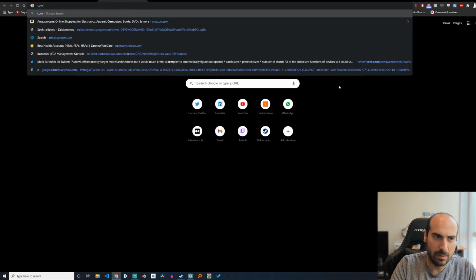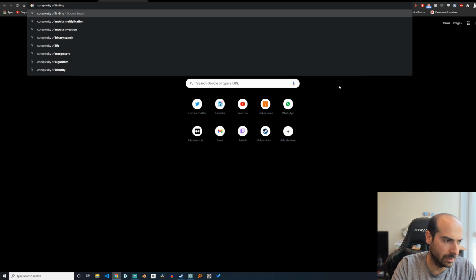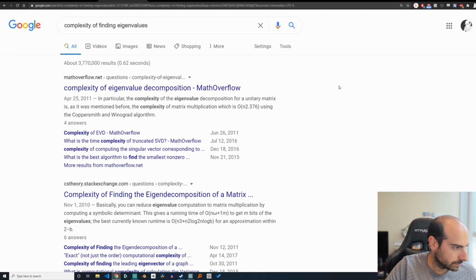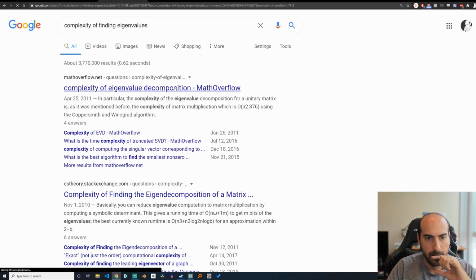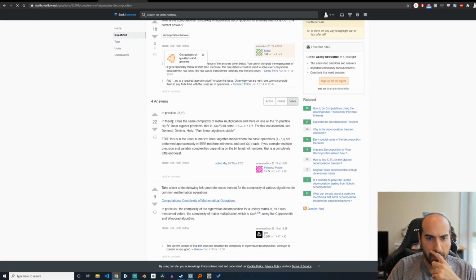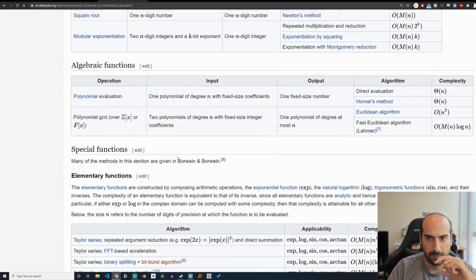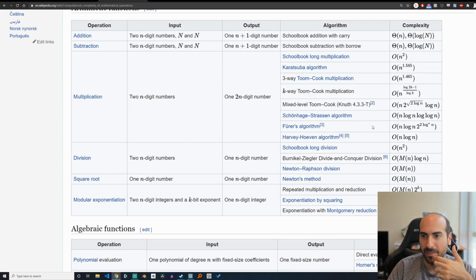But what's the complexity of finding eigenvalues? I think it should probably be at least... Oh wow, it's a cube. I see. Oh, this is cool, and useful to think about.